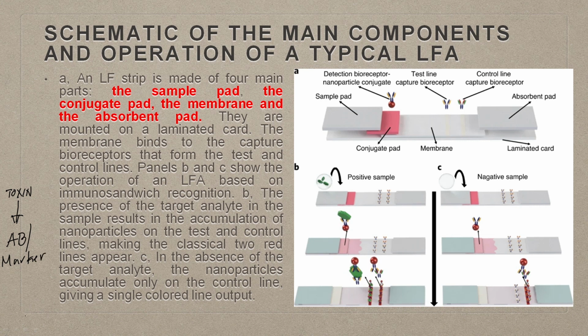What you do is put the marker, or immobilize the marker. This immobilization step is of extreme importance, and on the immobilized plate you roll the toxin. When the toxin binds to the substrate, there are multiple ways you can read.